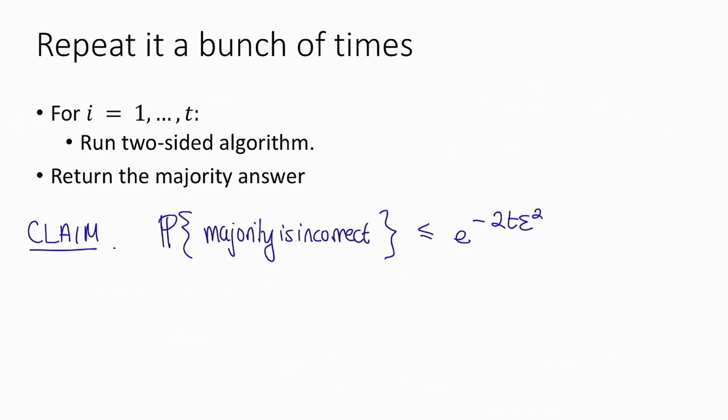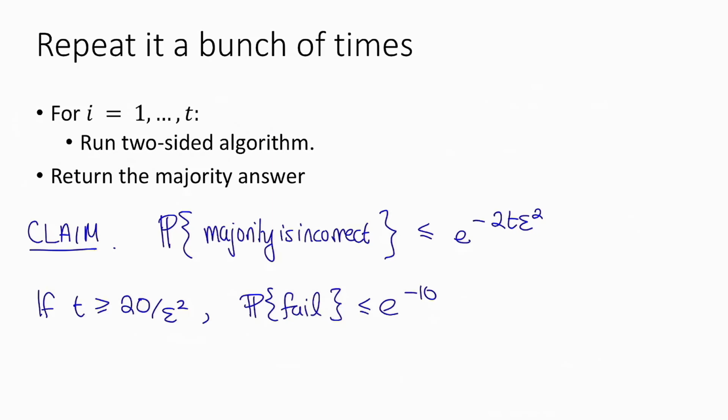But we'll actually see some less tedious ways to arrive at this same result later, so let's hold off until then. However, given the claim, notice that if t is sufficiently large, to the tune of, say, 20 over epsilon squared, then again the probability that this repeated algorithm fails is very small, less than or equal to e to the minus 10. Also known as tiny.